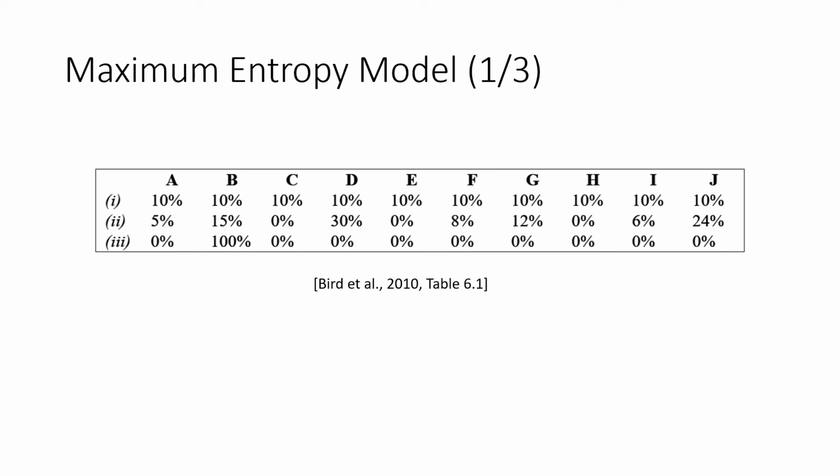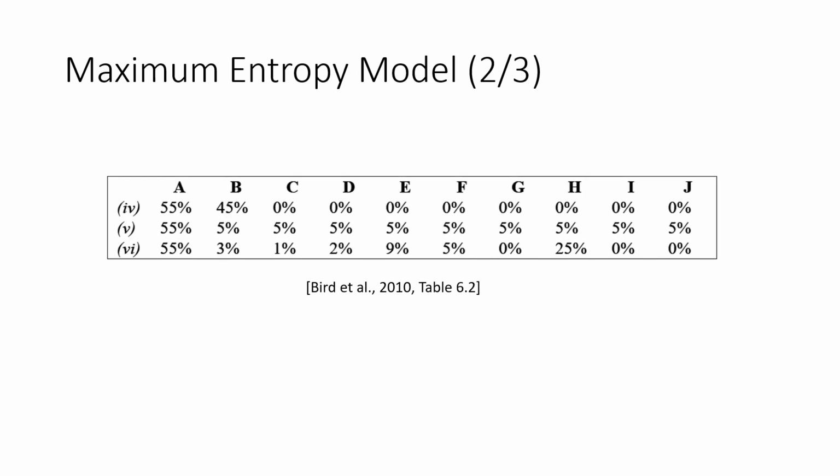In particular, if a single label dominates, then entropy is low, but if the labels are more evenly distributed, then entropy is high. In our example, we choose distribution 1 because its label probabilities are evenly distributed. In other words, because its entropy is high. In general, the maximum entropy principle states that among the distributions that are consistent with what we know, we should choose the distribution whose entropy is highest.